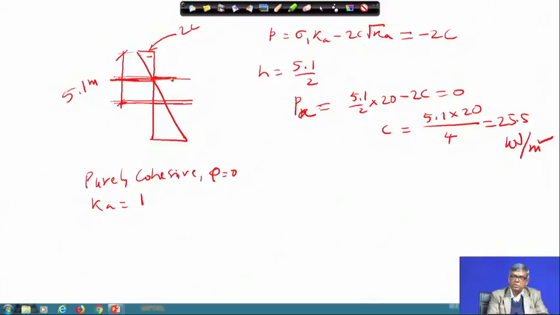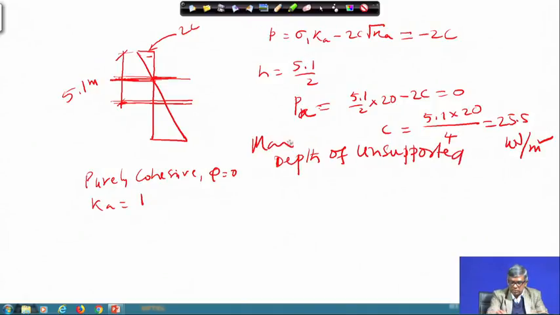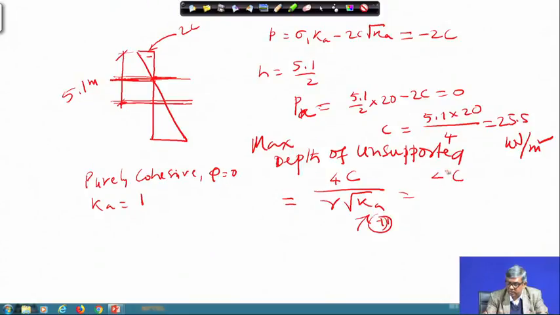Otherwise also, there is a direct formula, that is depth of unsupported cut, the maximum depth of unsupported cut, that formula will be equal to 4 C by gamma root K A. This formula is there. So, K A is here 1. So, if I use that, it will be 4 C by gamma.